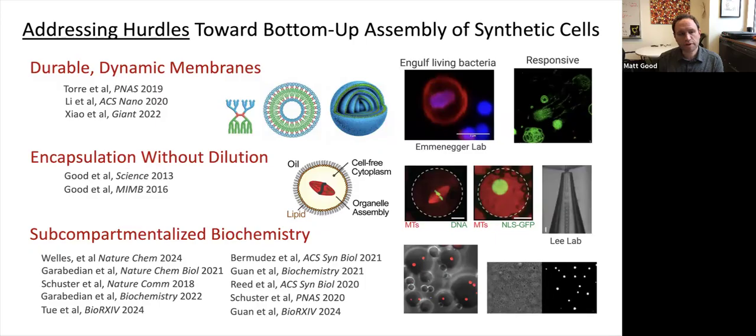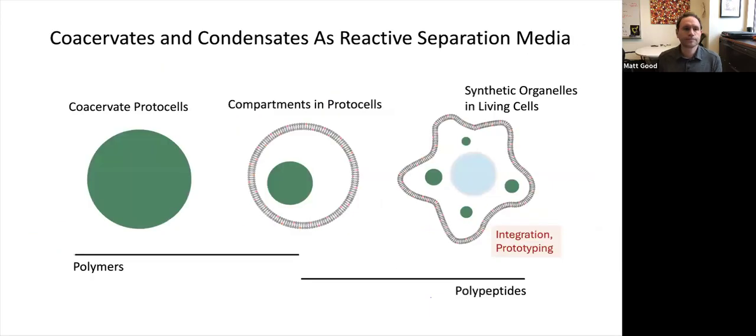And so we've largely investigated protein-based compartments or condensates as a strategy for compartmentalization. As many of you know, coacervates and condensates are broadly useful to the synthetic cell community as materials to promote reactive separation. These compartments are often formed, for example, on the left, building these compartments in vitro from polyelectrolyte polymers.